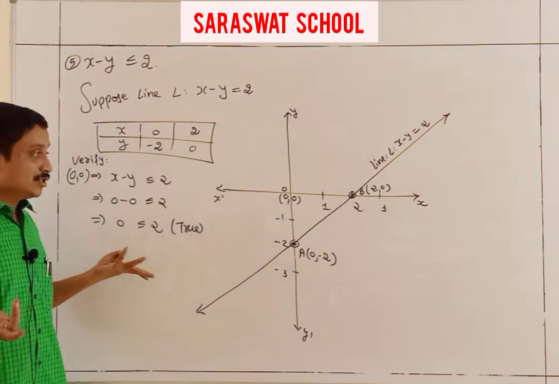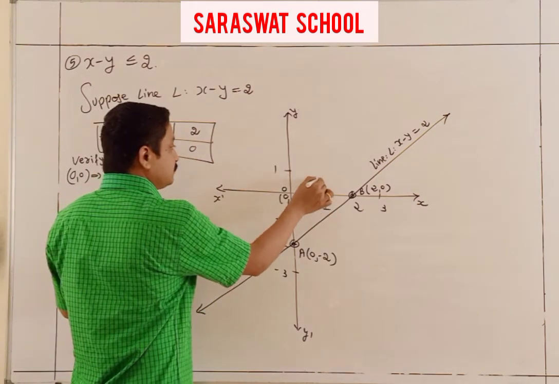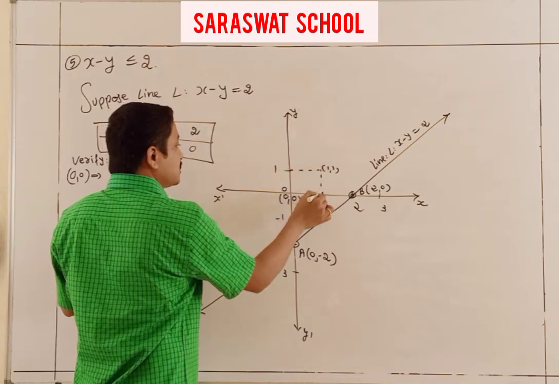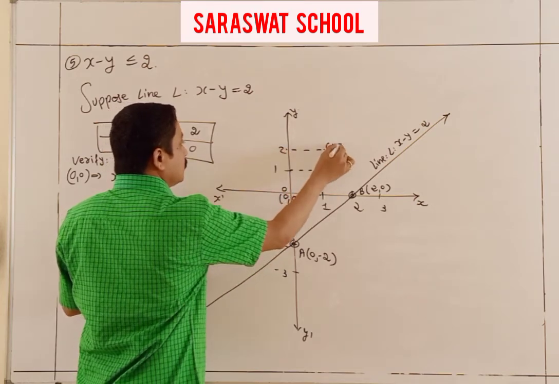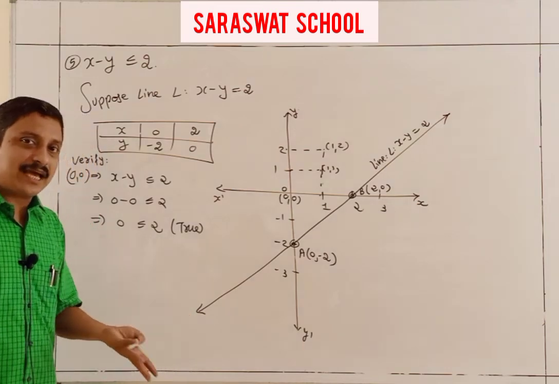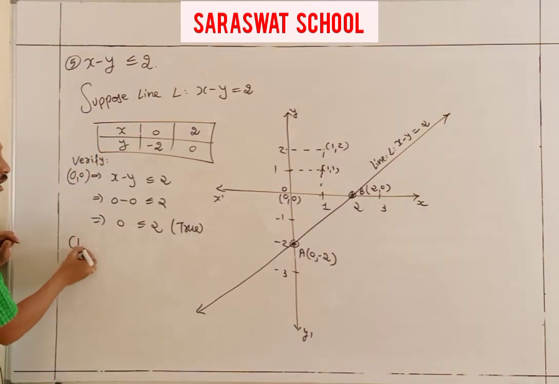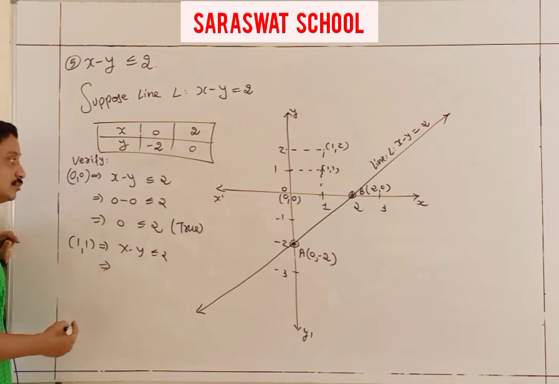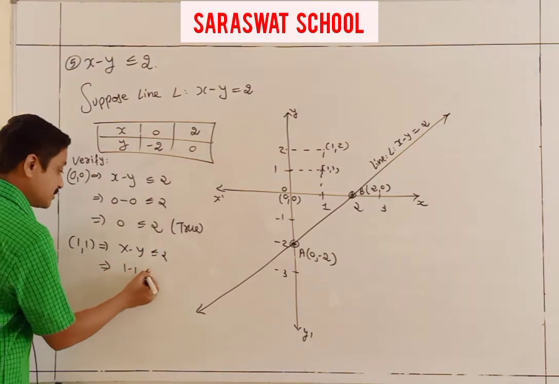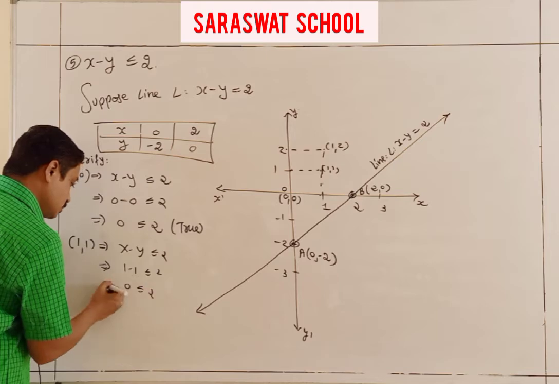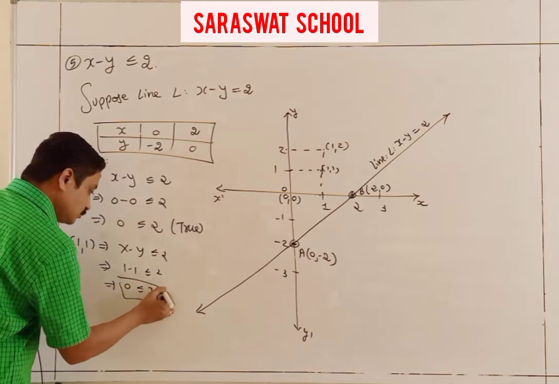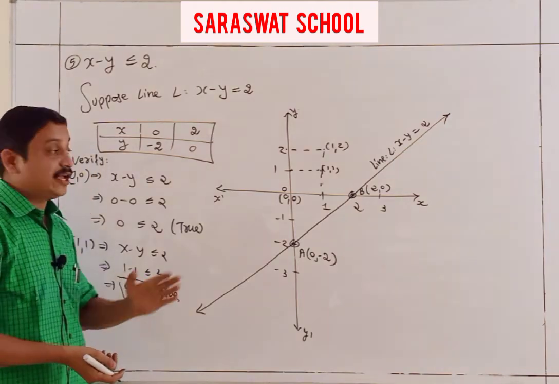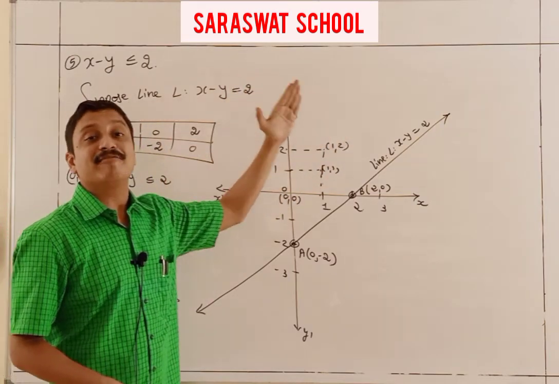You can also take different points, just like this one. Don't worry, students, any number you check, just like checking now one. Apply it and check that the answer is true. Yes, 0 less than 2, it is true. It is my shading in this upper half plane part of the line.